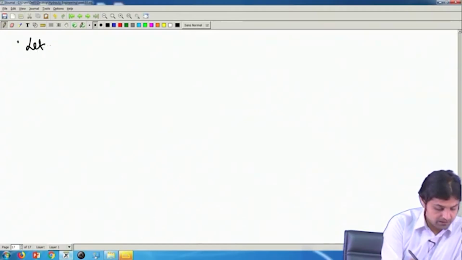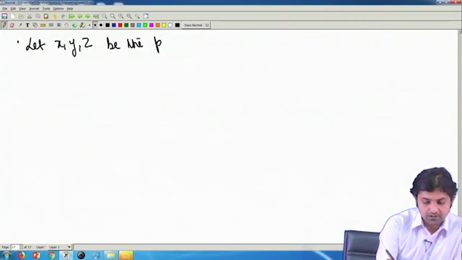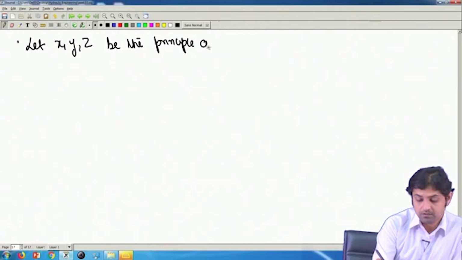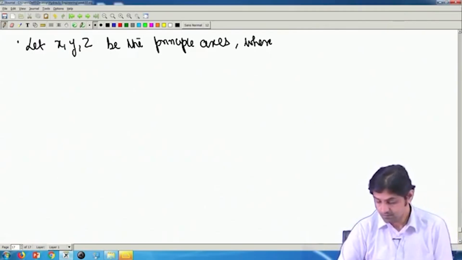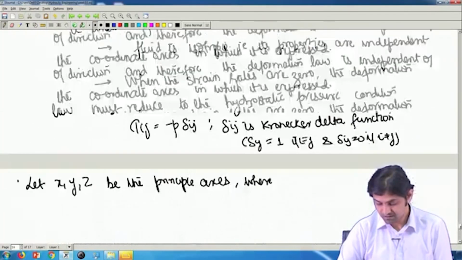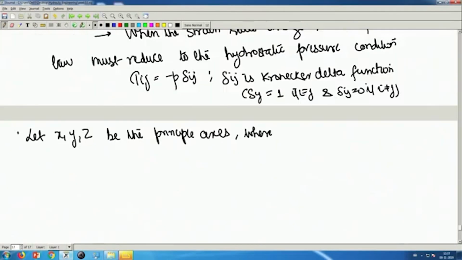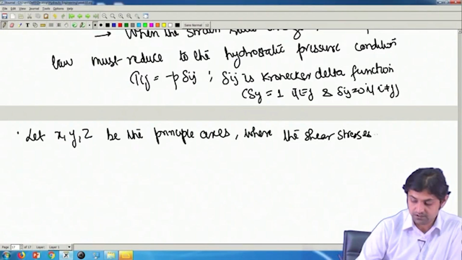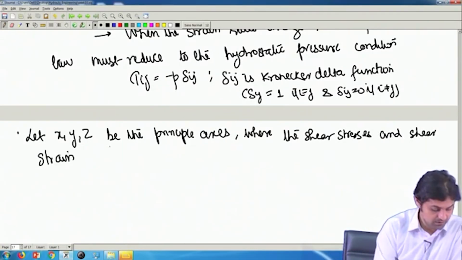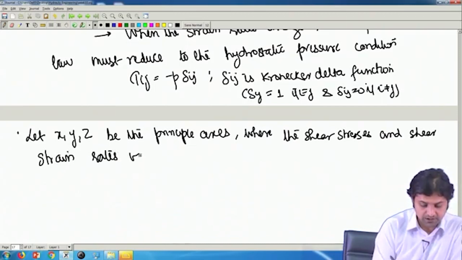So we say let x, y, z be the principal axis where the shear stresses and shear strain rates vanish.